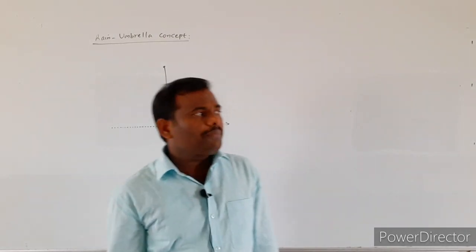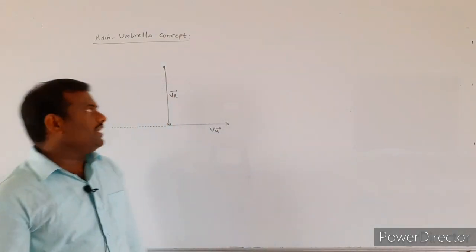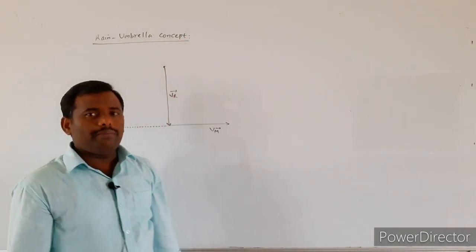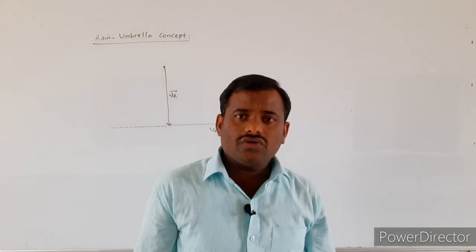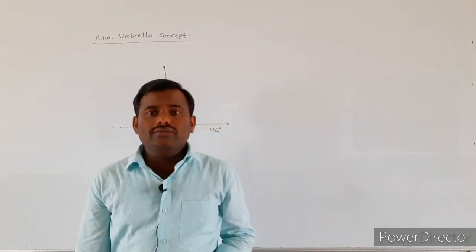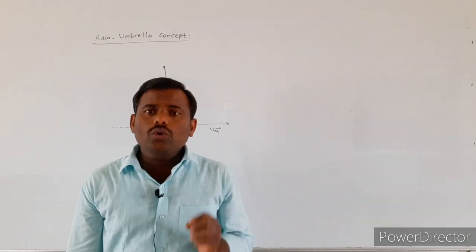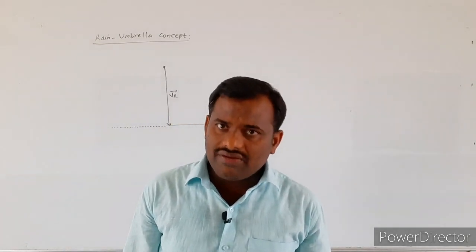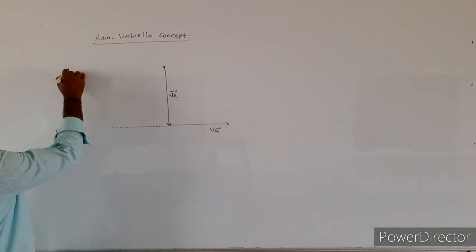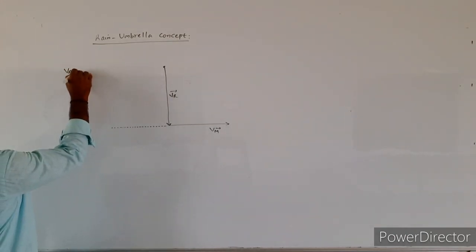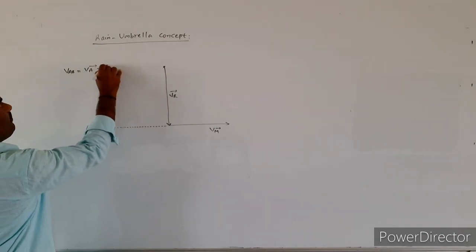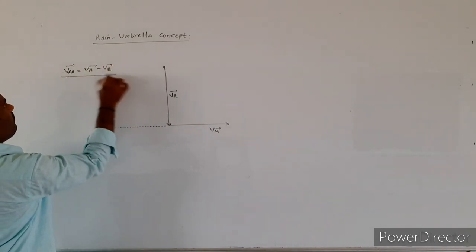Now, another application of relative motion in two dimensions is what? Rain umbrella concept. So it is also one of the applications of relative motion. First, the definition of relative motion. Whenever two objects are in motion in the given plane, the velocity of one object with respect to the other object, we write as VAB bar.